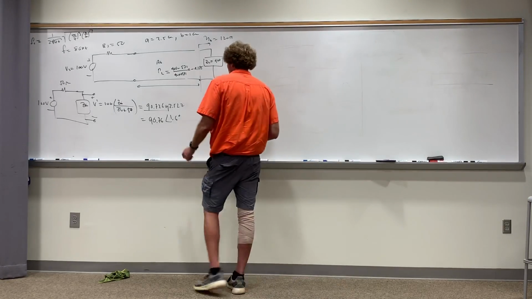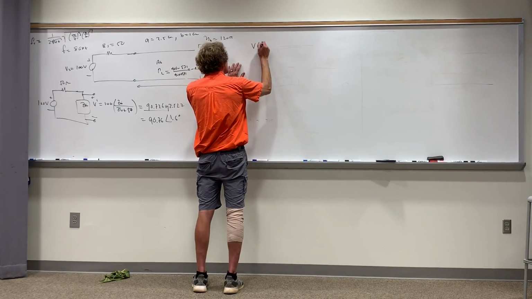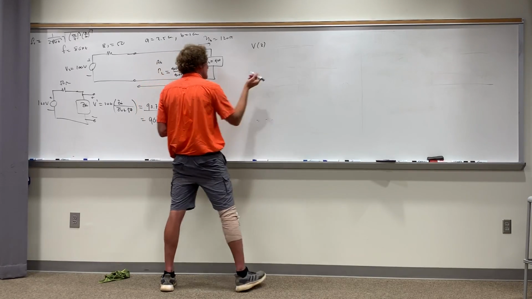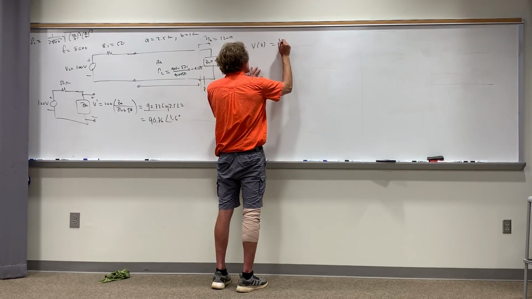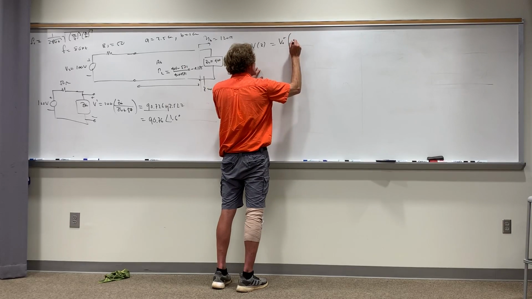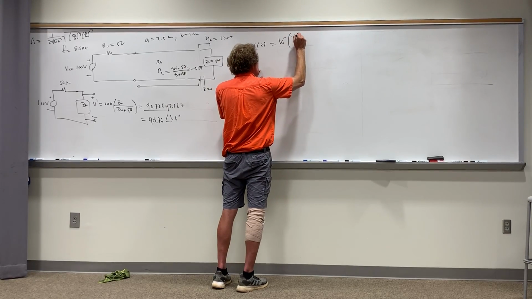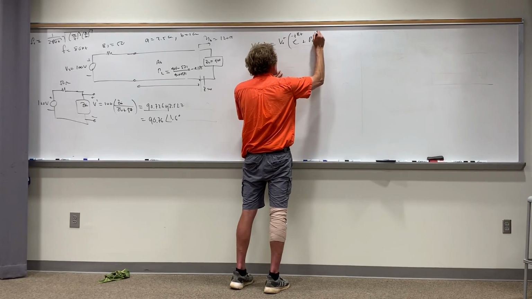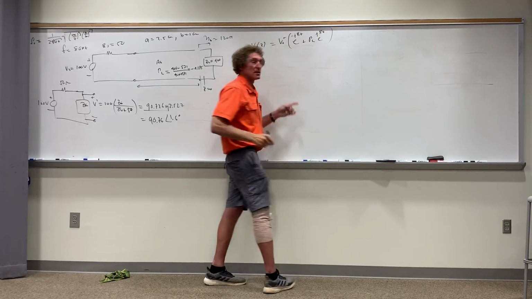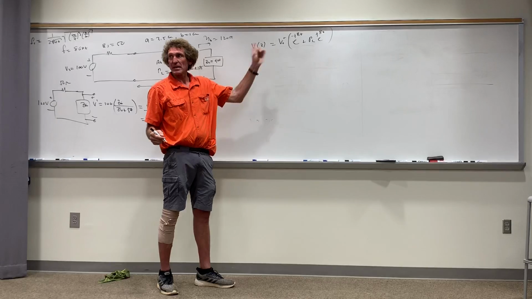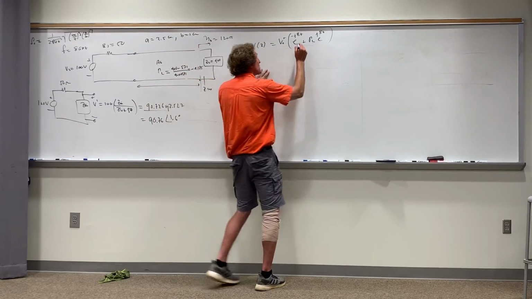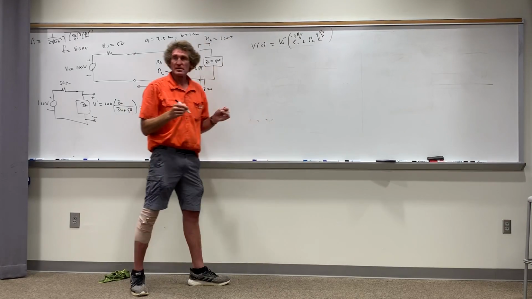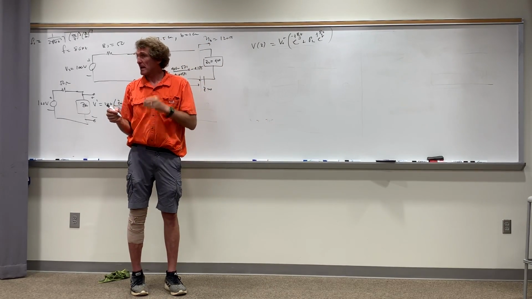Now, remember that V of z, because the load is always at z equals 0, in general is going to be some V0 plus times e to the minus j beta z plus the reflection coefficient times e to the plus j beta z, right? But the key here is that beta is beta in the guide. So you put beta in the guide now. Does everybody follow me on this? Remember, it's beta in the guide.